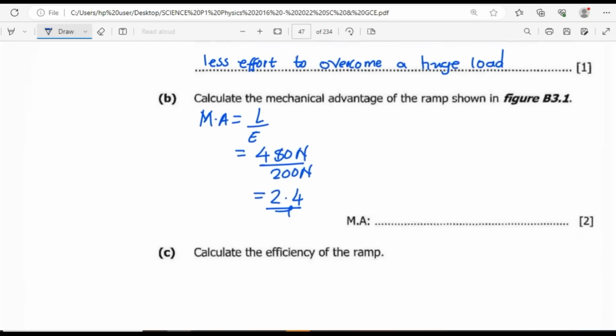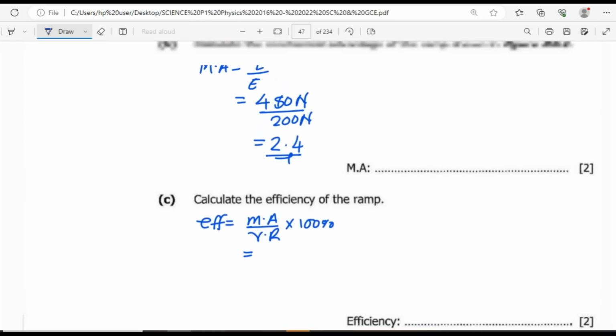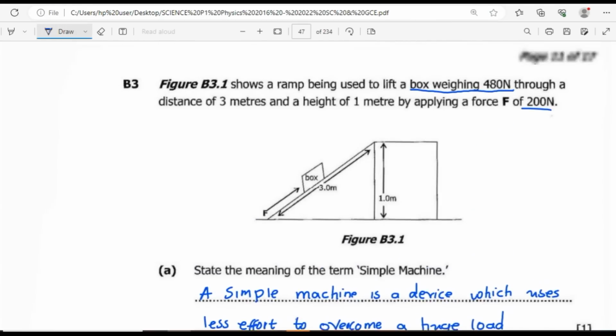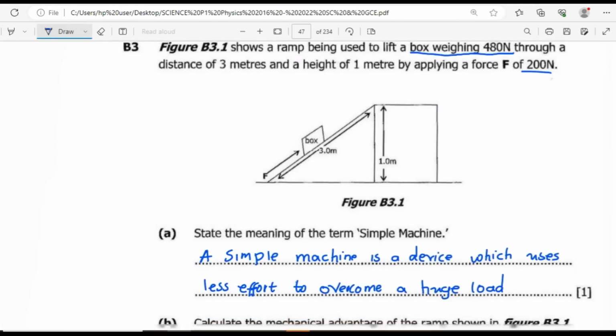Then for question C, the efficiency. So the efficiency is equal to mechanical advantage over velocity ratio times 100%. So mechanical advantage is 2.4. What of velocity ratio? How do we find the velocity ratio for an inclined plane?